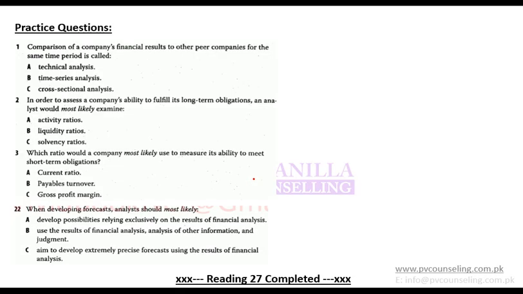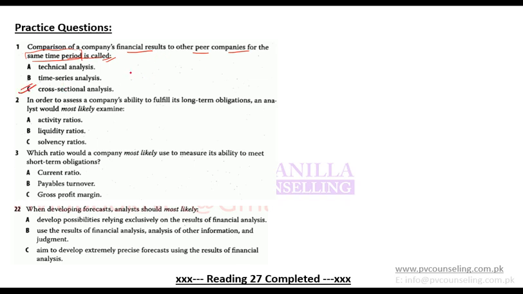Any problems, questions so far? Again, some questions. Comparison of a company's financial results to other peer companies for the same time period is called, for the same time period with peer companies, cross-sectional.